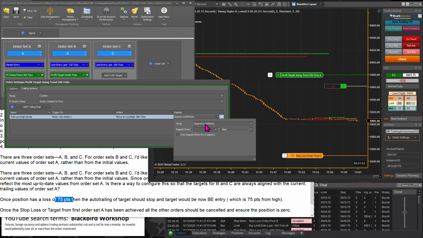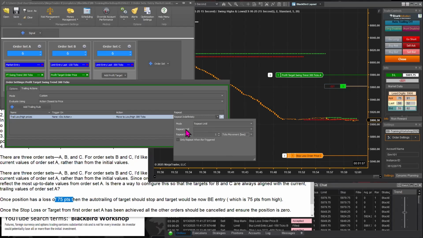Actually, we're not repeating indefinitely. We are repeating until. Repeat until. And we'll switch this over to tick by tick, based on Vika's comment.